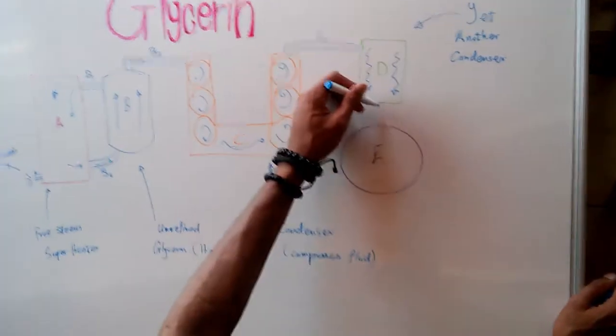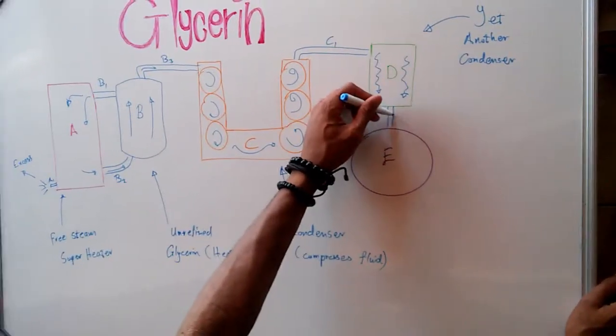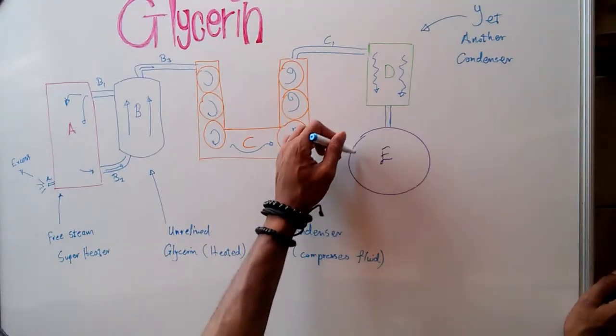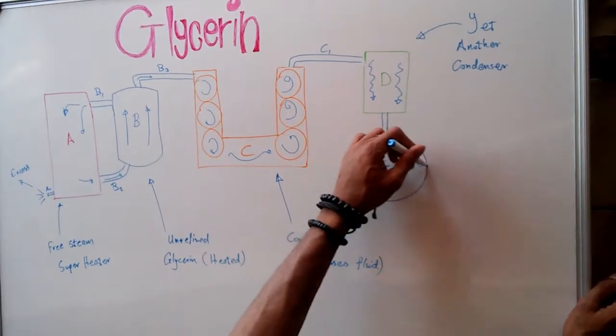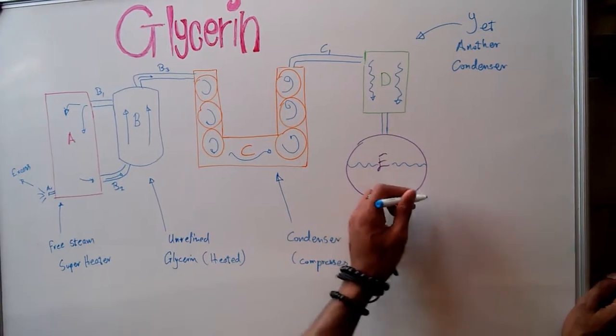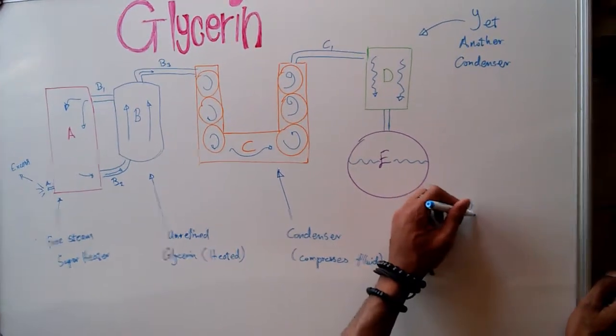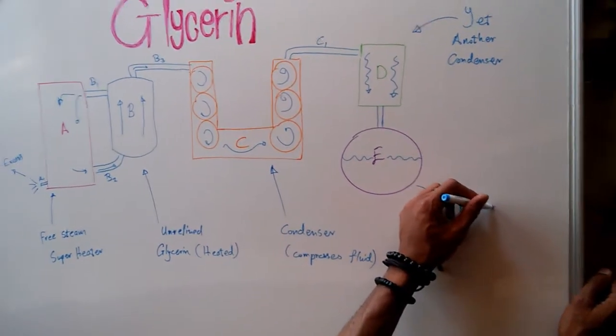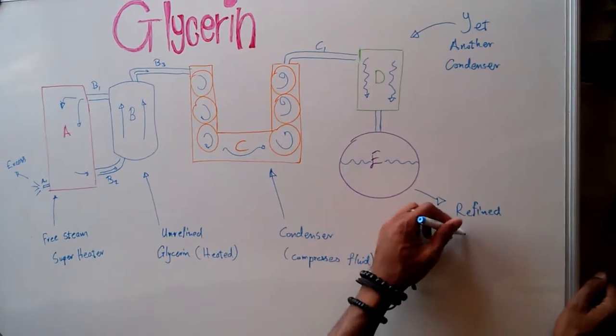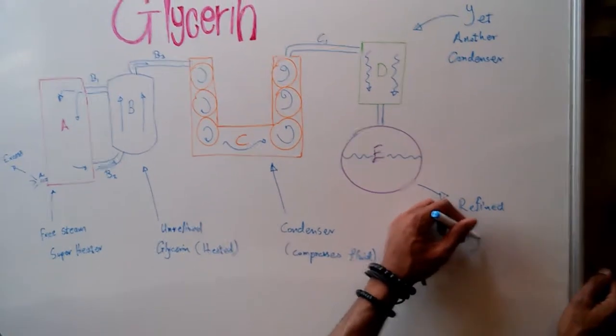After a certain period of time, the glycerin mixture then condenses into a dense fluid and settles in the reservoir. We have now produced refined glycerin.